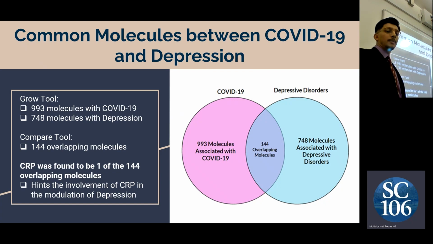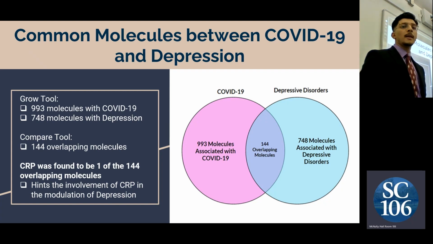I also used it on depression and found 748 molecules associated with depression. Then I used the compare tool and found 144 overlapping molecules between the two nodes. And of note, I found CRP to be one of the 144 overlapping molecules. This could hint the involvement of CRP in the modulation of depression. It could also hint the role that inflammation has within depression.